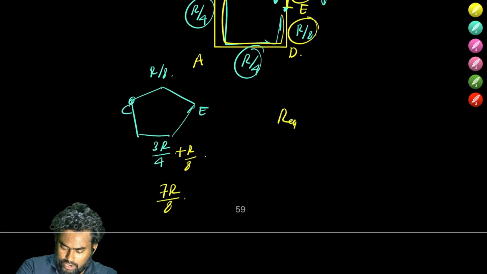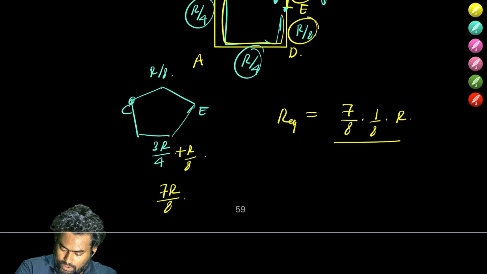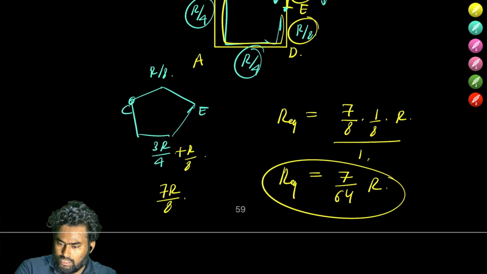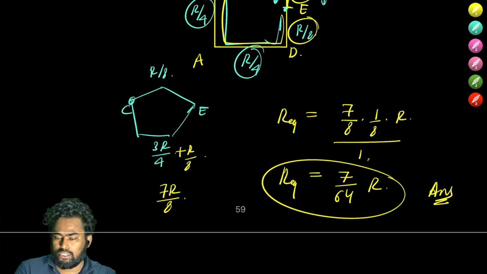So R equivalent will become product by sum, 7 by 8 into 1 by 8 R upon 1. Adding both of them you will get 1. So you will get how much? 7 by 64 R. R equivalent will be 7 by 64 R.